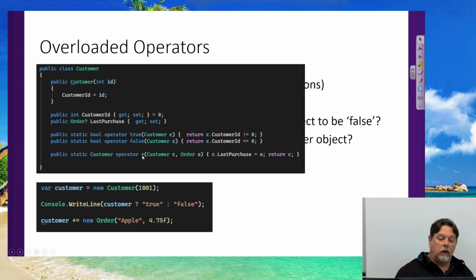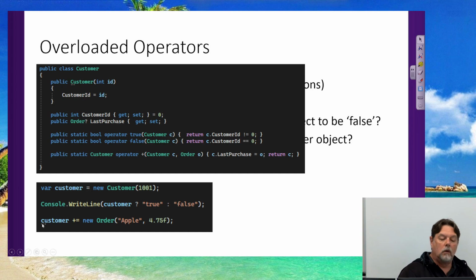Okay, the next one is operator plus. And notice, I'm not adding two customers together, I'm adding an order to a customer. So I have defined what it means to add an order to a customer to mean set the last purchase by that customer to whatever that order was, and then return the customer. So this one does have a return, so do these, because they're operators, they're not constructors, right?